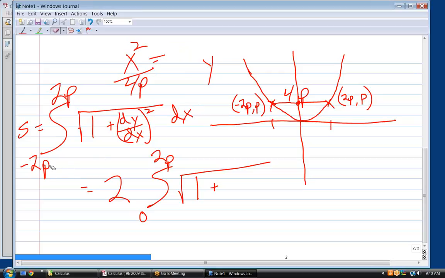I was going from minus 2p to 2p, but because of symmetry, I can make that 2 going from 0 to 2p. You can't always do that, but if it's symmetrical about the y-axis, you can.